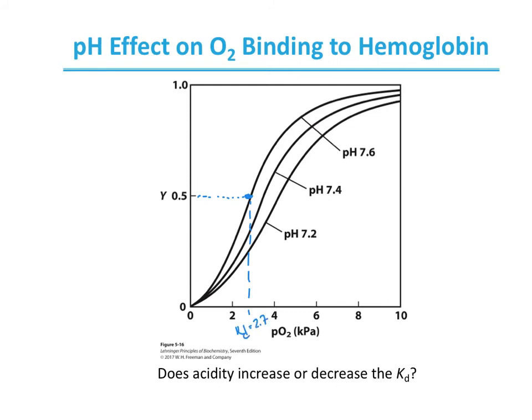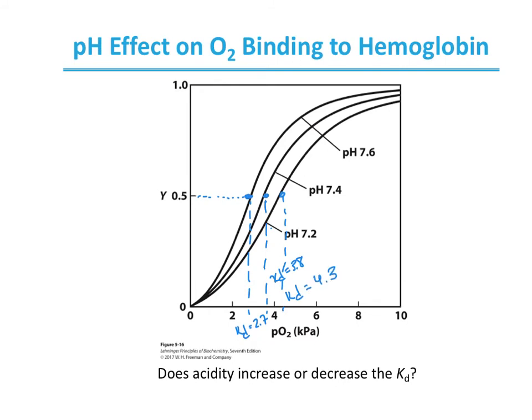Then at the curve for pH 7.4, that Kd looks like it's closer to 4. Let's call it 3.8. And then if we look at the curve at 7.2, that Kd looks like it's above 4, maybe 4.3 or so.